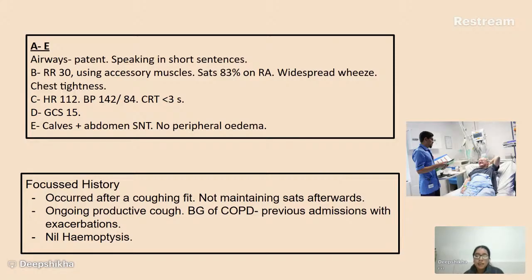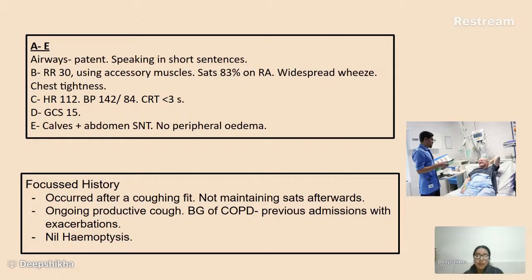Then you look at the calves to see if there are any clinical signs of DVT or any kind of edema anywhere, and you don't see any. Then you go on to take a focused history, and you find out that it occurred after a coughing fit, and ever since then he has not been able to maintain his oxygen saturations, and he's still at 83%, and he's been quite short of breath afterwards.